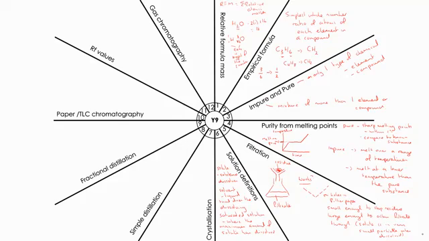Right, so crystallization is where we're trying to isolate a solid, and we're trying to get crystals of a solid. So what we want is crystals.